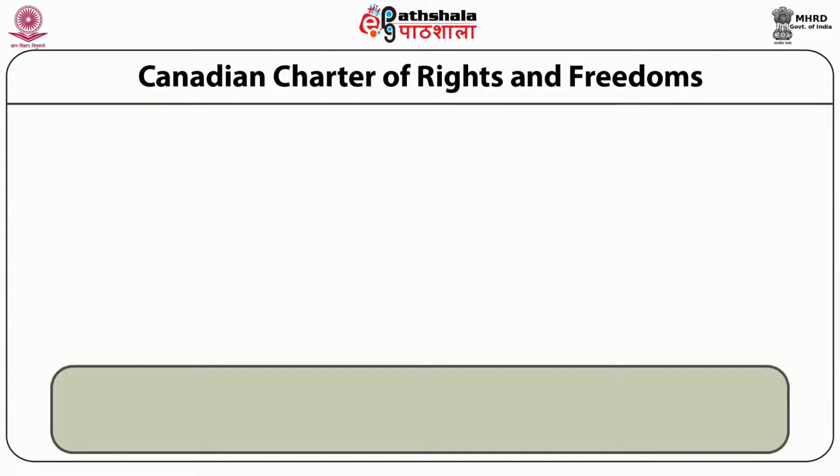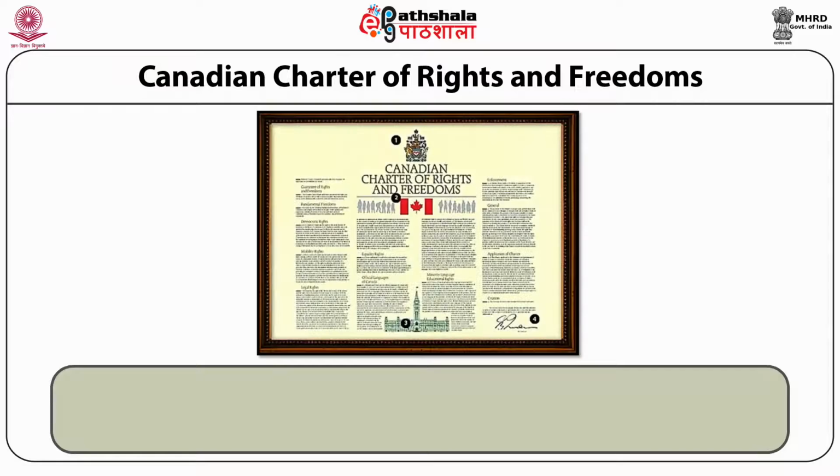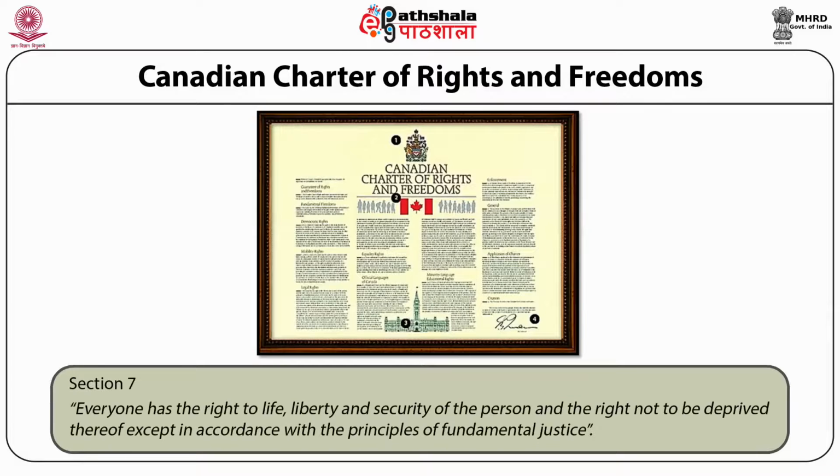And interestingly enough, the section applies to a person from the time of birth. Finally, let's look at the Canadian Charter of Rights and Freedoms. Section 7 of the Canadian Charter says everyone has the right to life, liberty and security of the person and the right not to be deprived thereof, except in accordance with the principles of fundamental justice.